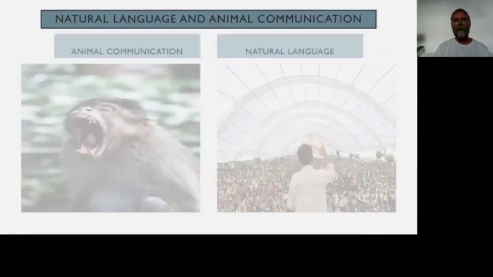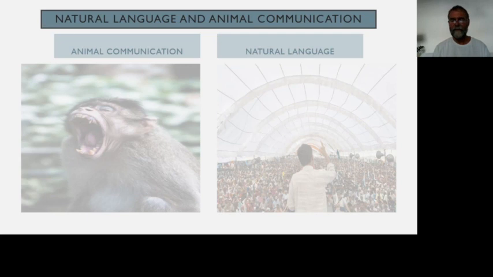Okay, so how does that compare then to natural languages? Well, the first thing to point out is that the two systems that we've looked at so far, the bee dance and the Campbell's monkeys calls, are very different from each other.